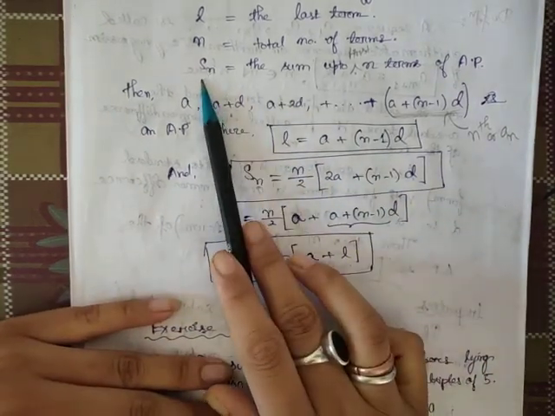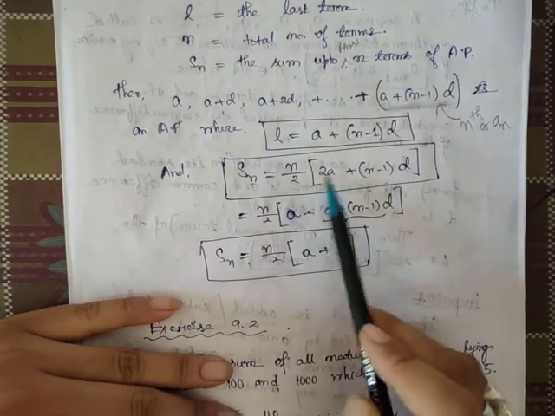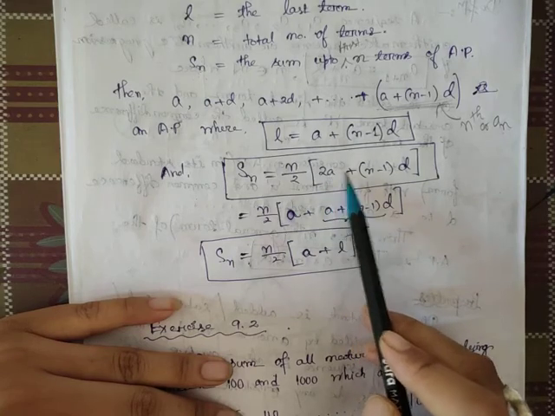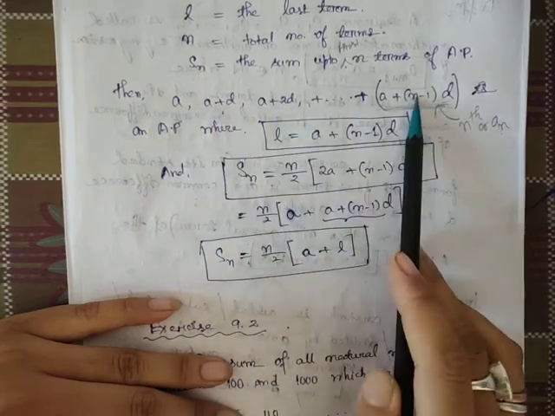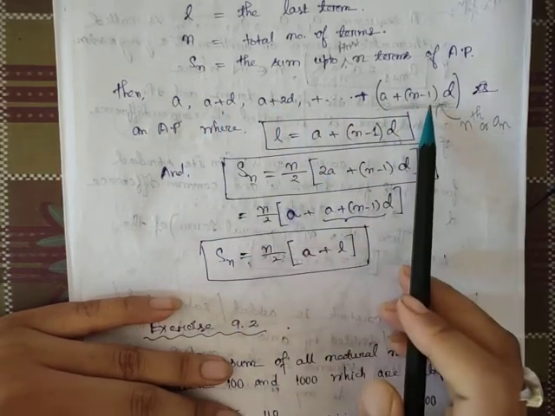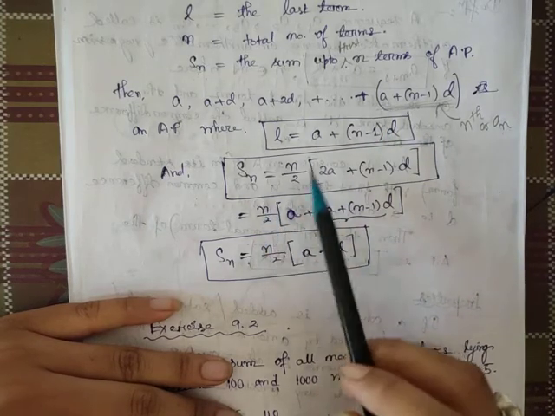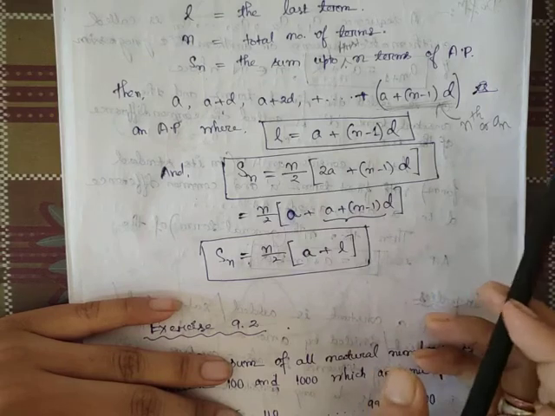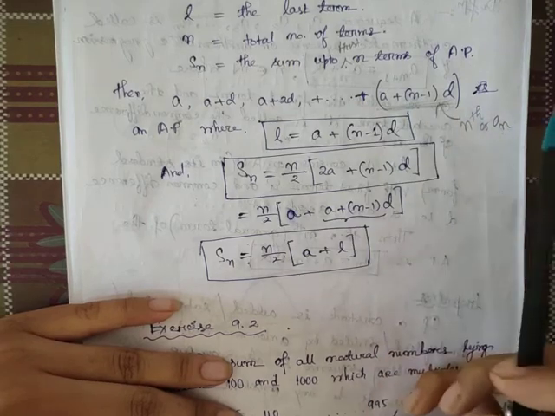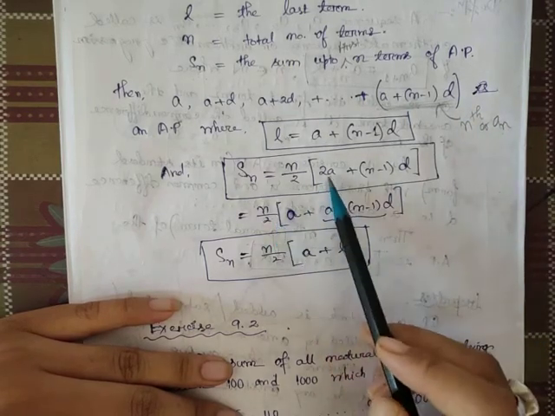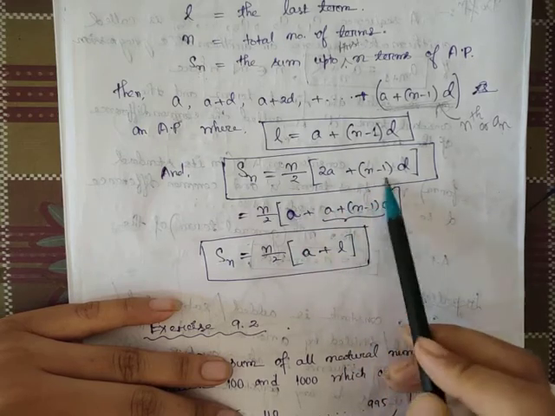So now coming to Sn, the sum up to the first n terms of the AP is given by the formula n by 2 into the whole of 2a plus n minus 1 d. Here n is the number of terms; it is a finite AP, so we can count the number of terms. So n by 2, I will separate 2a as a plus a plus n minus 1 d.